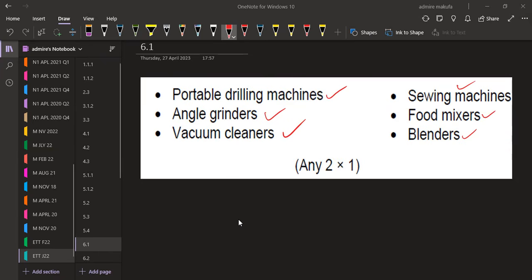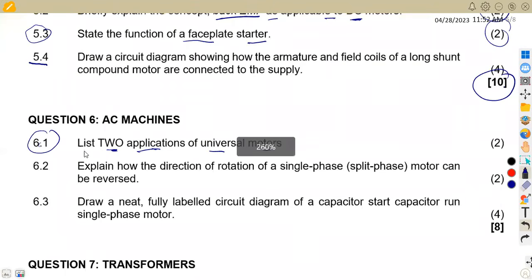All right, move on to the other part of the question, which is 6.2, where we are asked to explain how the direction of rotation of a single phase split phase motor can be reversed. Take note: a single phase split phase. So that is what we are supposed to be careful of.